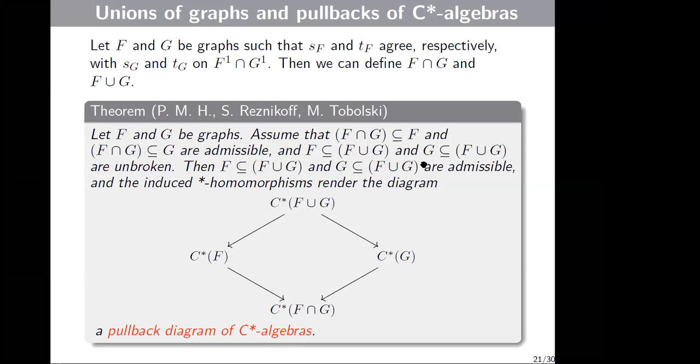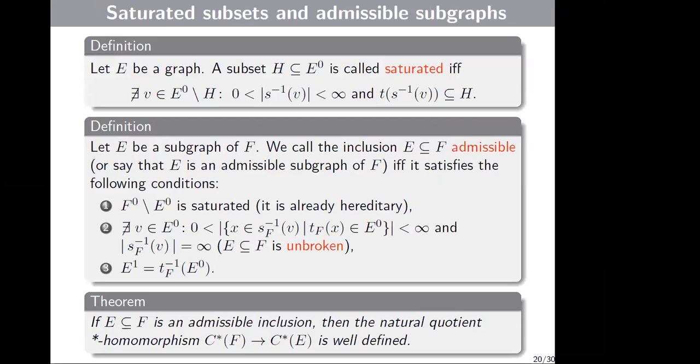This is somehow not necessary when we have row-finite graphs, when we don't have infinite emitters. But you also have to assume that the inclusion of F in the union F∪G and the inclusion of G in the union graph are unbroken, in the sense which we just explained. So we say that the inclusion is unbroken if this property holds: there are no breaking vertices in E0. It's also obvious that I could use E0 here instead of F0.